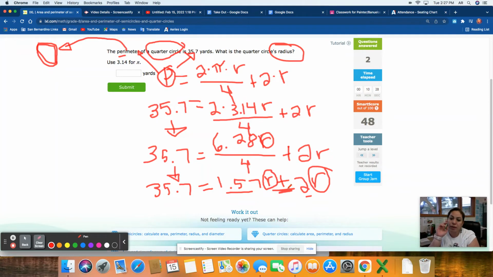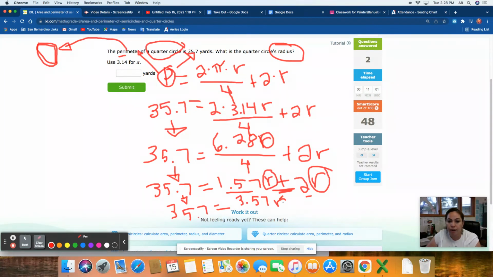Again, if we have a number and a variable and it's asking you to add, then we can add those numbers together. So 1.57 plus 2 equals 3.57 R.